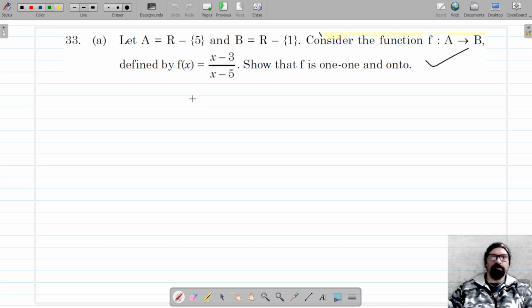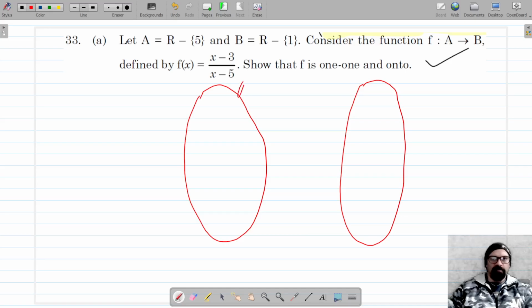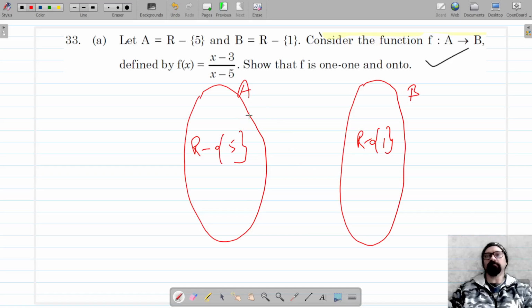So this is our domain, and this is the codomain. This is set A, this is set B, and set A has all real numbers except 5, and B has all real numbers except 1.